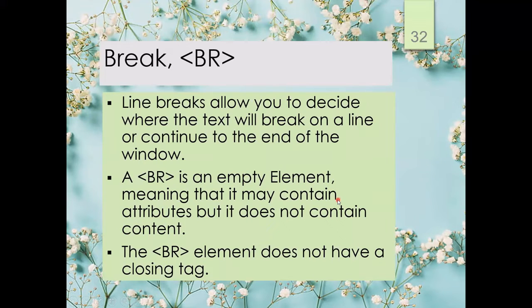Now the break statement. Suddenly, while you are working, if you feel that your cursor should come to the next line, then you should use the BR tag. Now you can see that the BR tag doesn't come with a pair, so it is an empty element. The BR tag actually brings the cursor down.